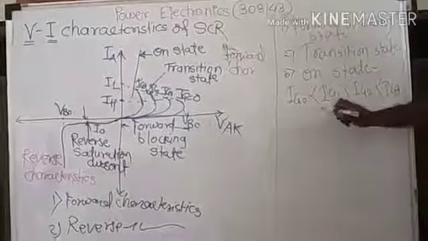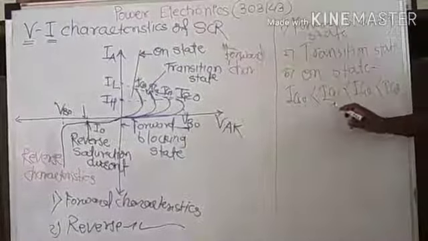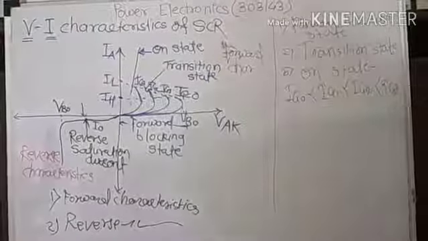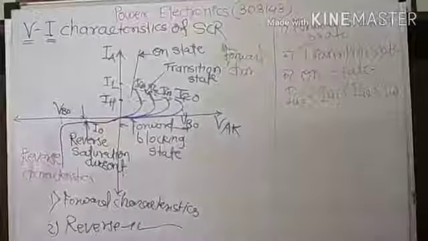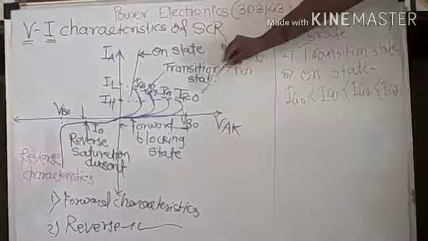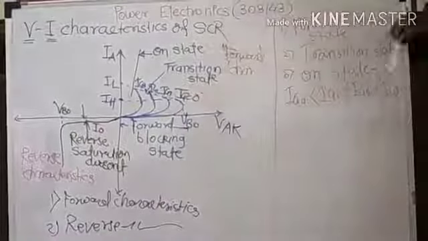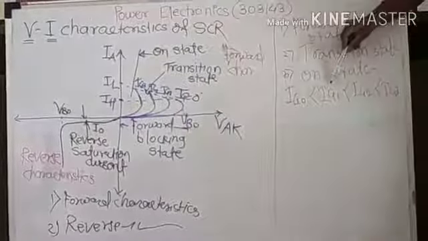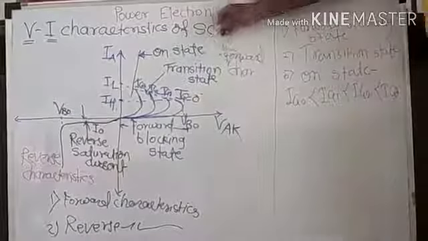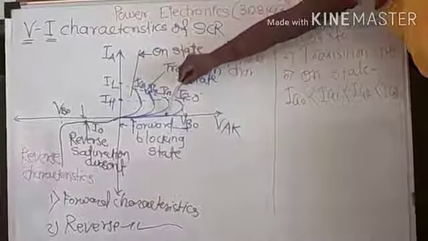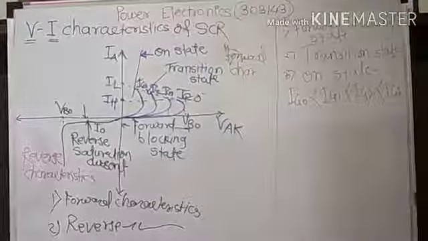Observe here, when IG is equal to 0, the breakover voltage is very high. As IG goes on increasing, at that time, the breakover voltage goes on decreasing.